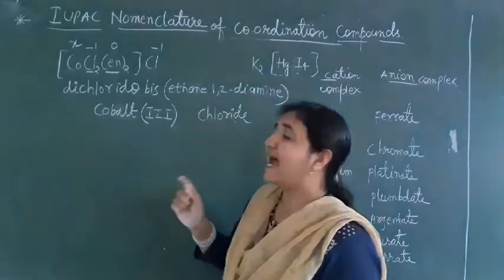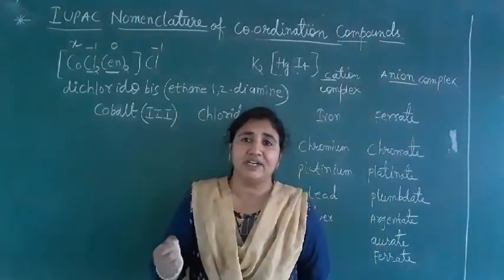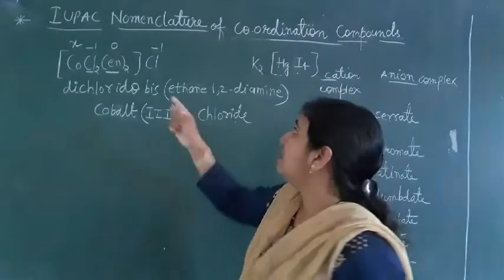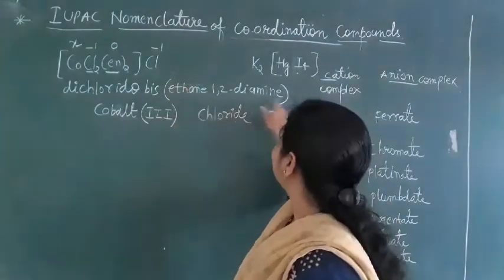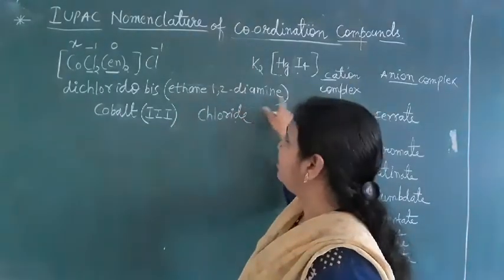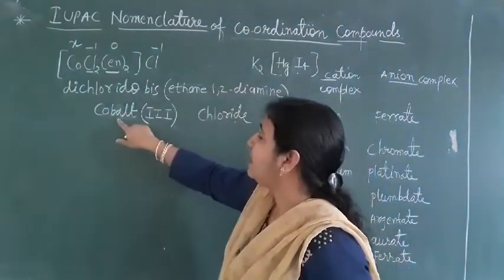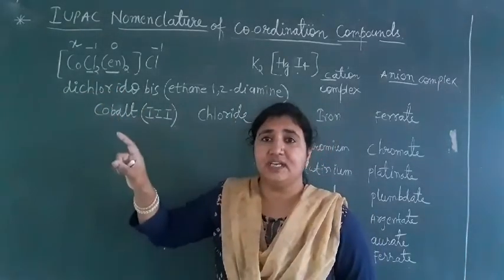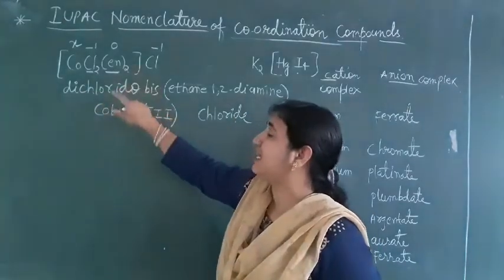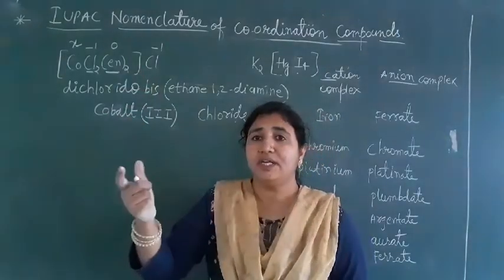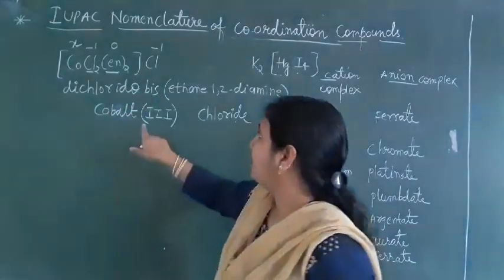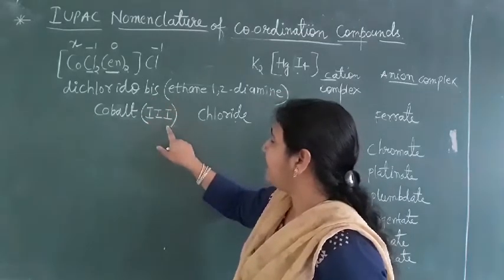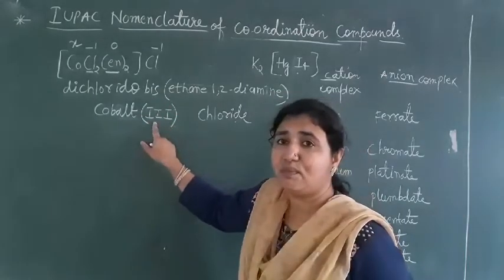And if the ligand name already has di, tri, then use bis, tris, tetrakis, and write the full name in parentheses, for example (ethane-1,2-diamine). Then the metal name will come. If a cationic complex is there, the metal name stays as it is. If an anionic complex is there, we have to add -ate. And then after the metal name, write the oxidation number in Roman numerals.